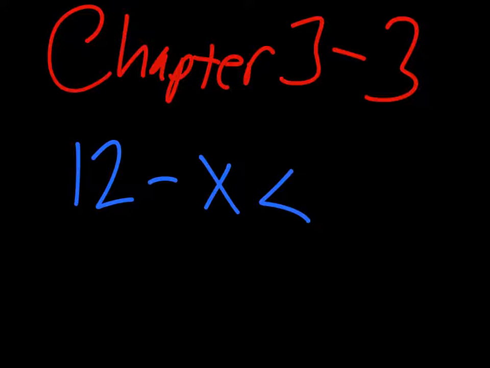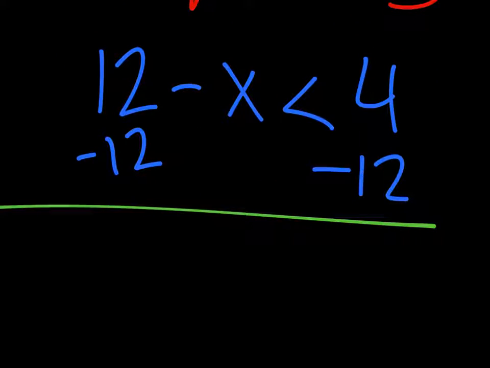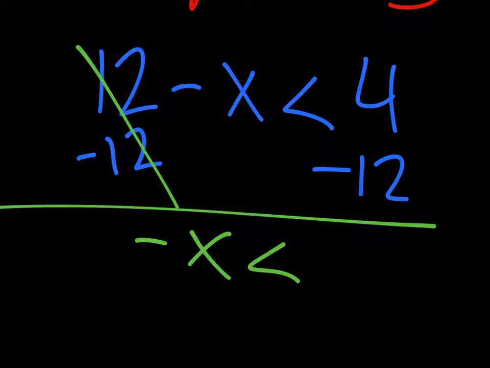For example, if we have 12 minus x is less than 4, and then we subtract 12, giving negative x is less than negative 8.